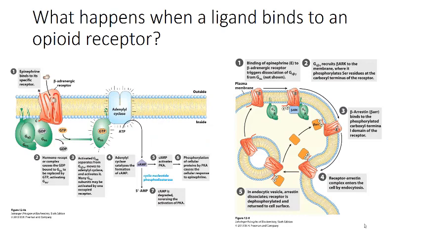The players in the mu opioid receptor are similar, but there are some key differences. Instead of the G alpha S protein that we see interacting with the beta adrenergic receptor here, the mu opioid receptor prefers to interact with the G alpha I protein instead.